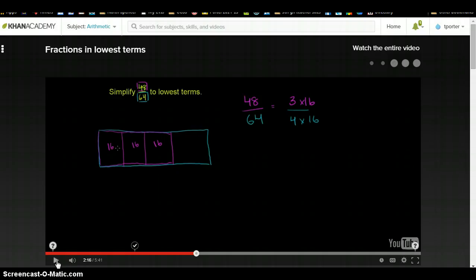What does this last box represent then? 16. Yes, great. Just this box, what number do you think he's going to put there? 16, because we know 4 16s makes 64.